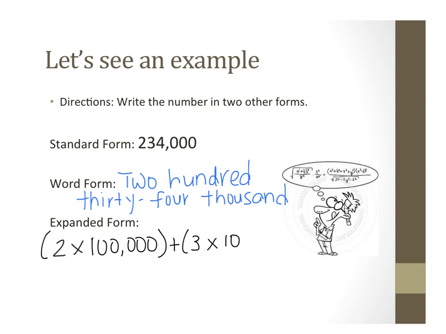So 3 times 10,000. Moving on to the next digit, that's a 4, and it's in the thousands place. So 4 times 1,000. Since the rest of the digits are zeros, there's no need to write them out in expanded form. So our final answer would be 2 times 100,000 plus 3 times 10,000 plus 4 times 1,000.